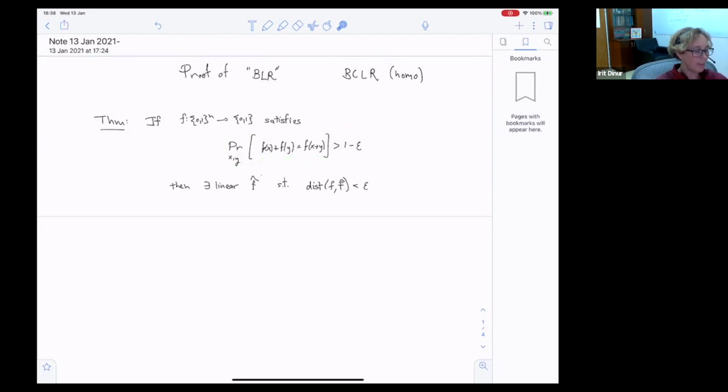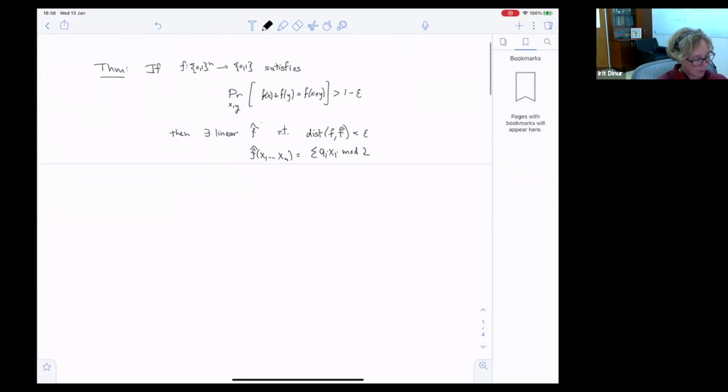My goal is to find a linear function f hat, which can be written in the variables x1 to xn as the summation of ai xi mod 2. You can find a linear function f hat such that the distance between f and f hat is epsilon, distance meaning the fraction of points in {0,1}^n where they differ.